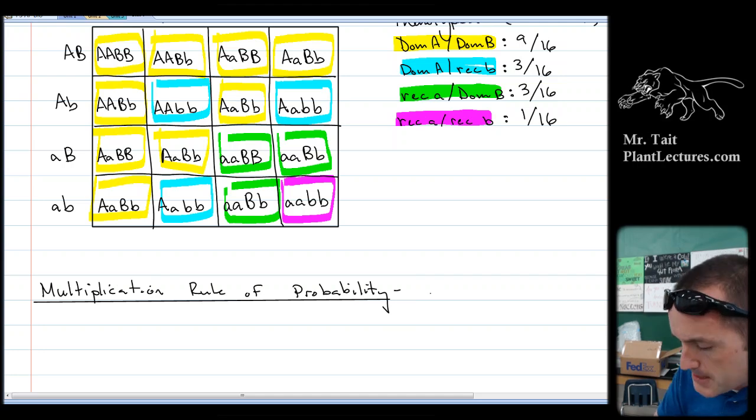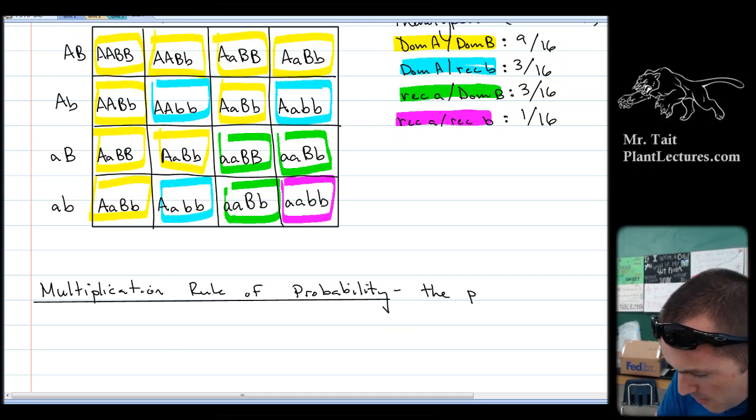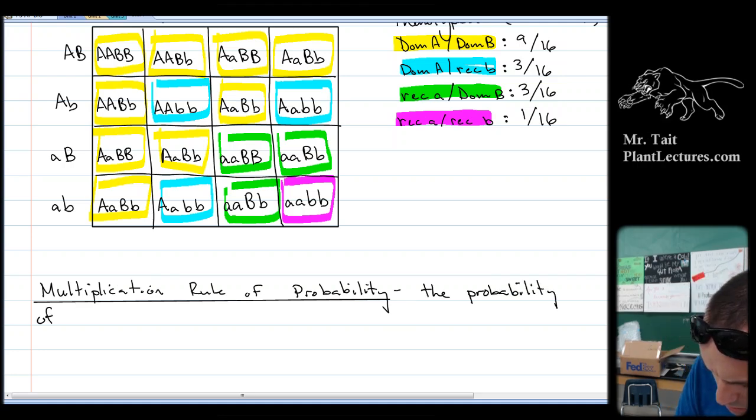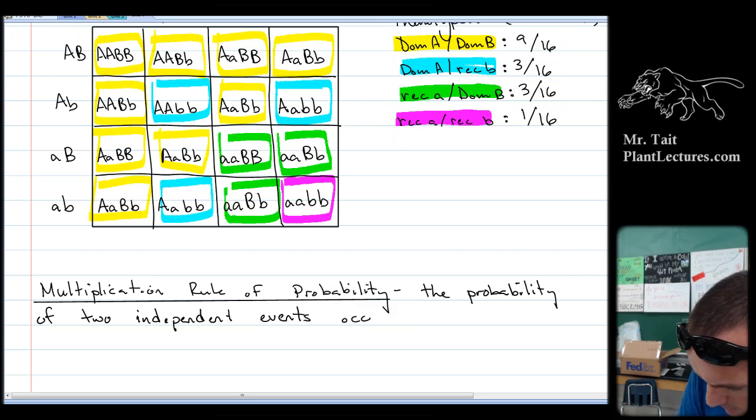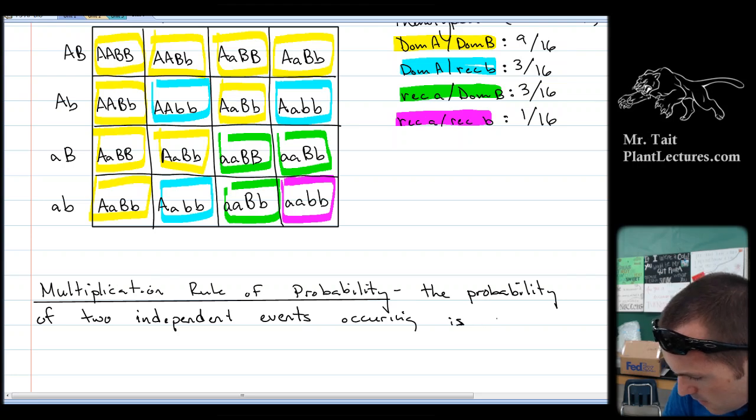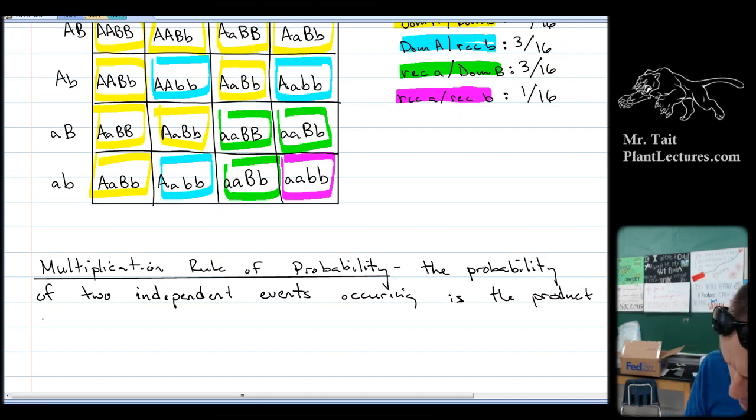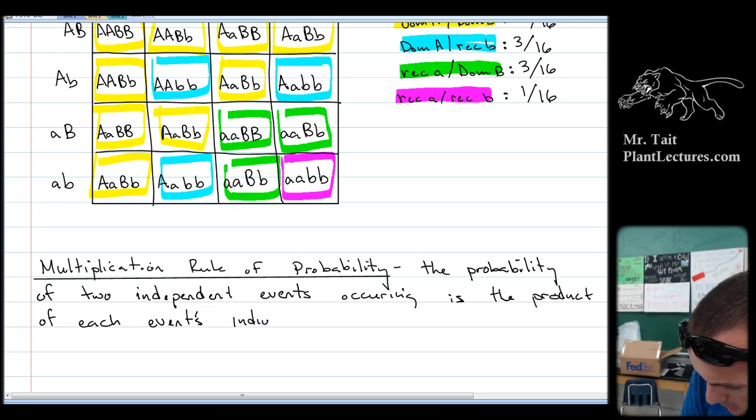All right, the multiplication rule says this: the probability of two independent events occurring is the product of each event's individual probability.